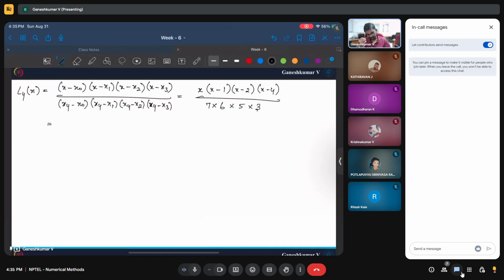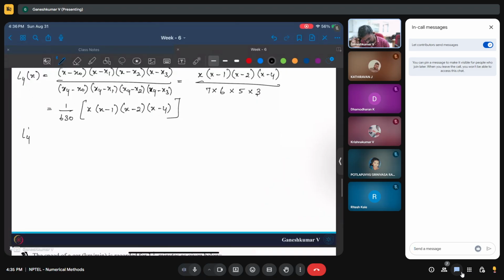Alright, this is going to be 7, 6, 5, 3, 630. So it is 1 divided by 630 into x, x minus 1, x minus 2, and x minus 4. Now let's differentiate this.